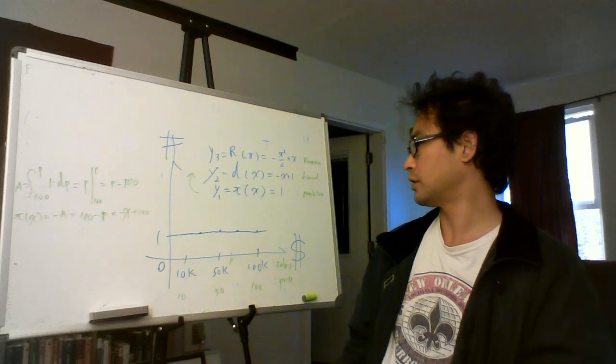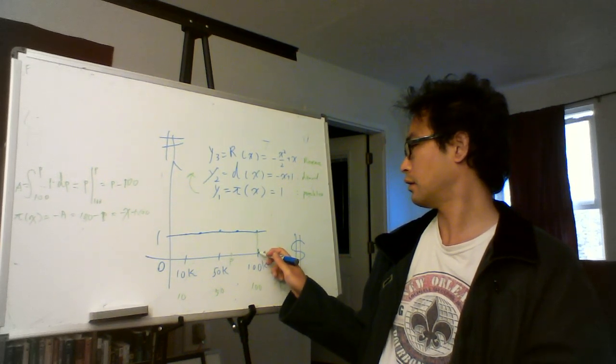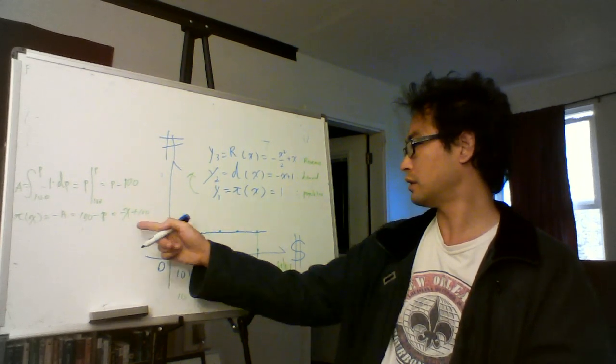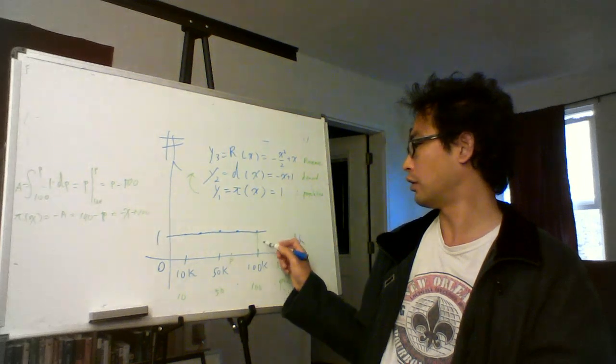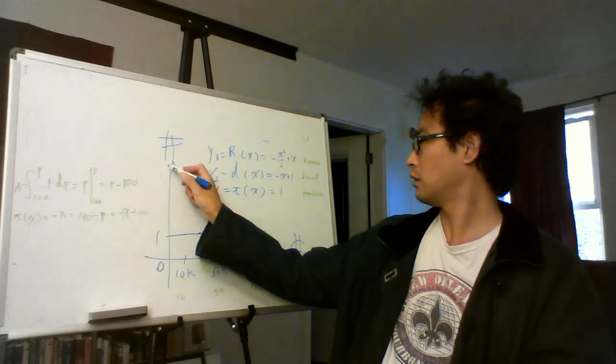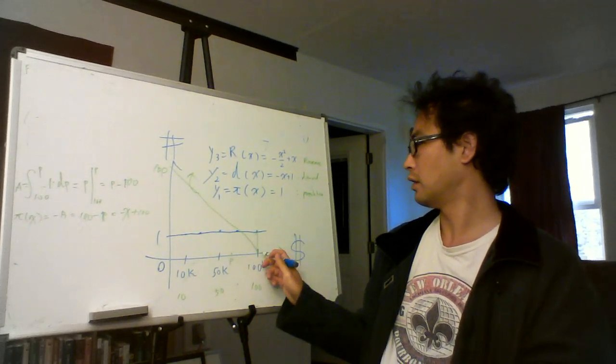When x is 99, y is 1. Yeah, it's out of scale, but that's fine.